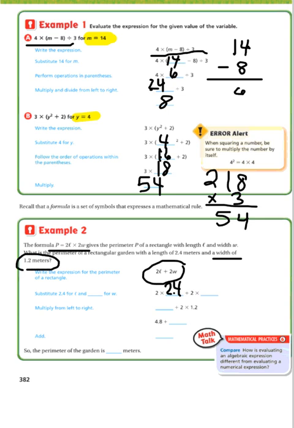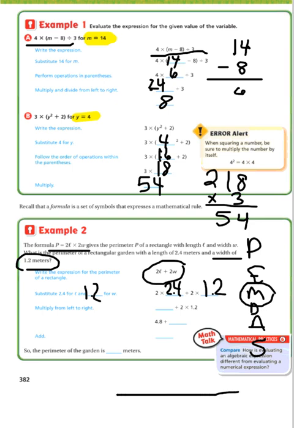So we're going to put 1.2 in for W. Multiply from left to right, because it's all the same operation. So when everything has the same operation, because we're still using order of operations, right guys? Well, look, it's all multiplication. So when it is all one operation, you just go from the left all the way to the right.